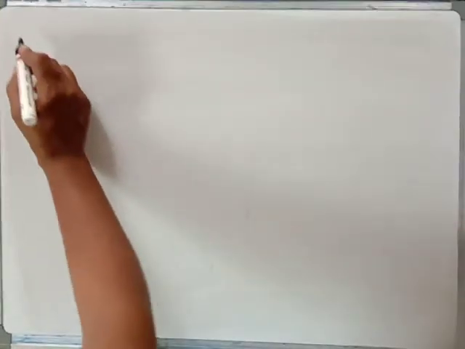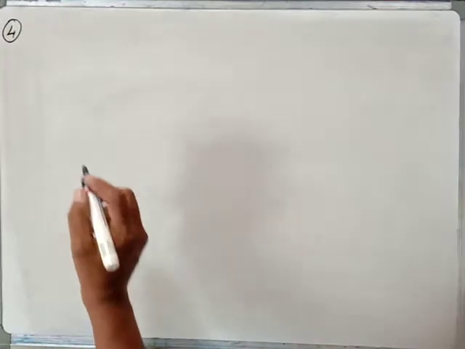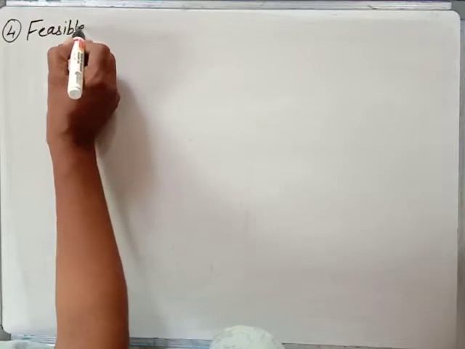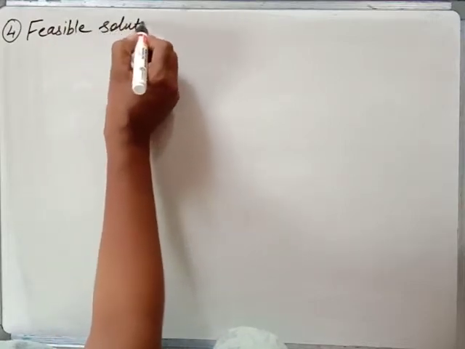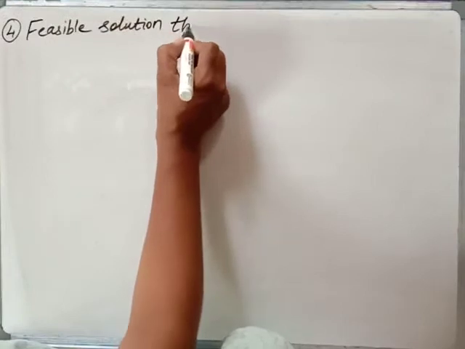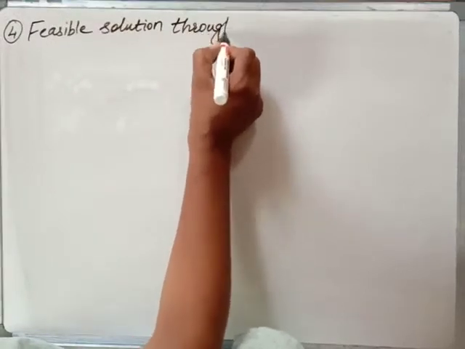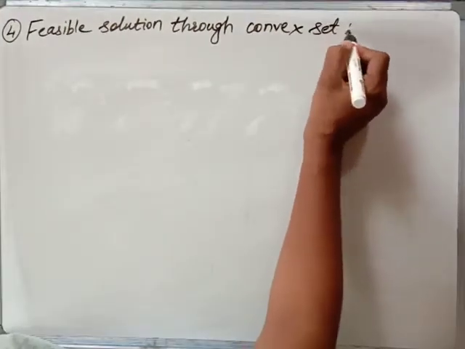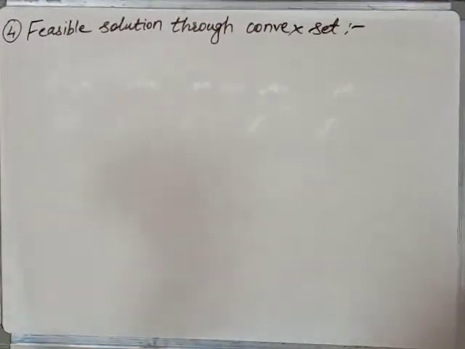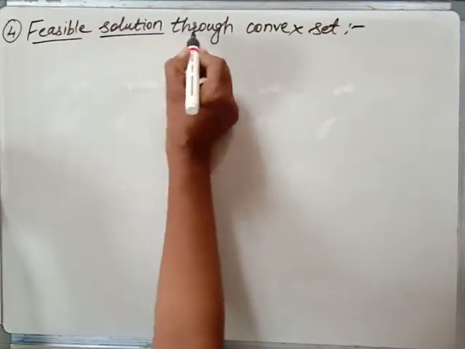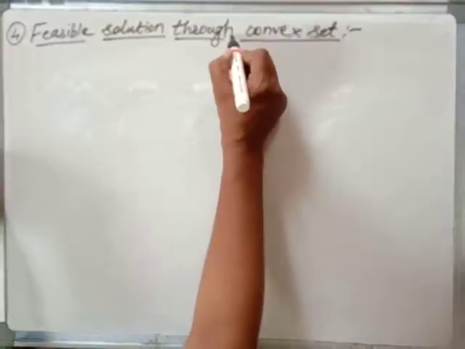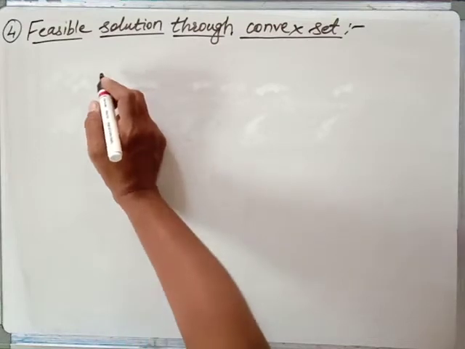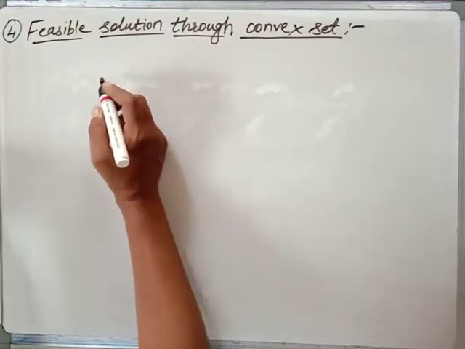So our next definition is of feasible solution through convex set. It means that if a feasible solution exists, then whatever region we are getting, you can observe in the graphical method, every time that feasible solution space or the feasible region is a convex set.